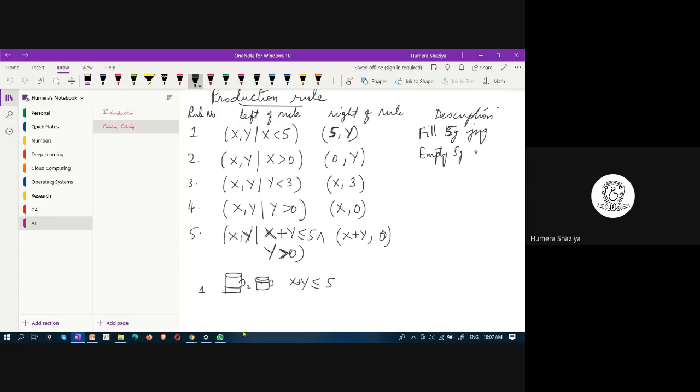It means that there is some water in the 3 liter jug, and when you add the 3 liter jug water with the 5 liter jug water, it should be less than or equal to 5. If it is less than or equal to 5, it means that there is place in the 5 liter jug so that you can pour the water from the 3 liter jug. This is the fifth rule.